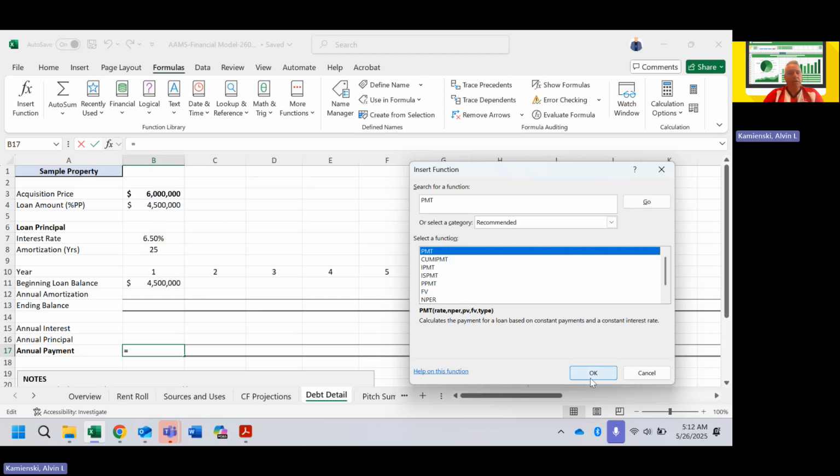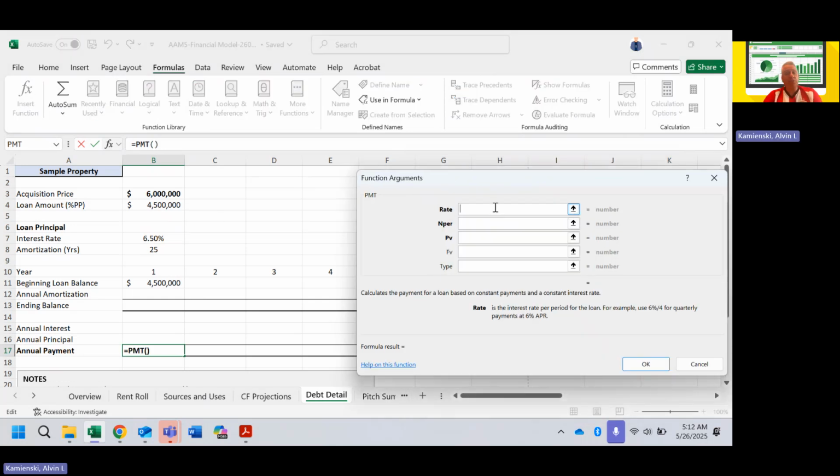And when I click OK, it walks me through then. What's the rate you're going to borrow at? 6.5%. What's the number of periods that you're going to borrow for? And the number right here is 25 years.